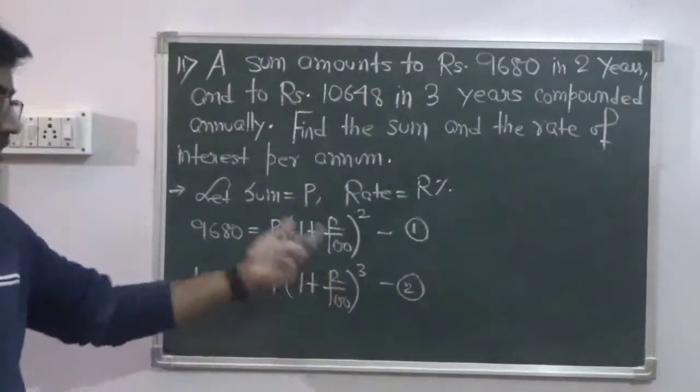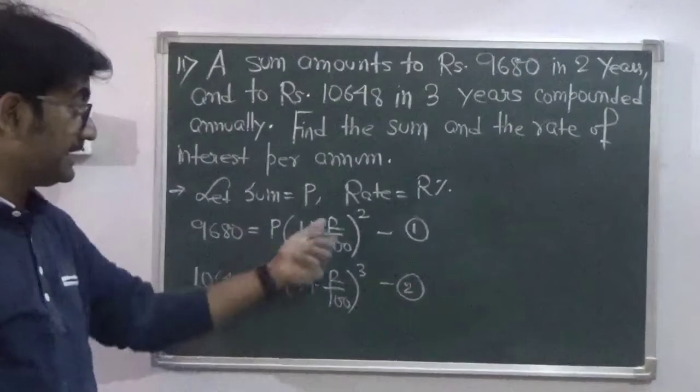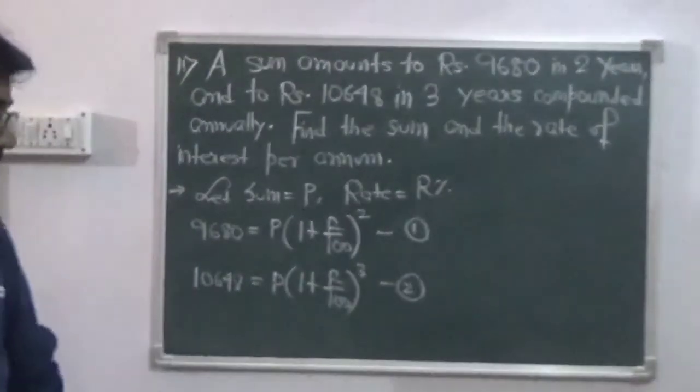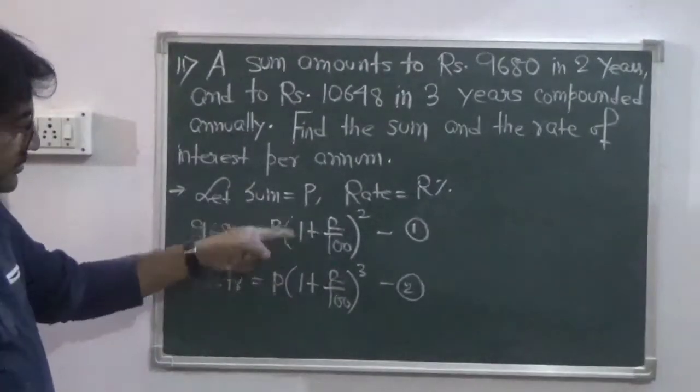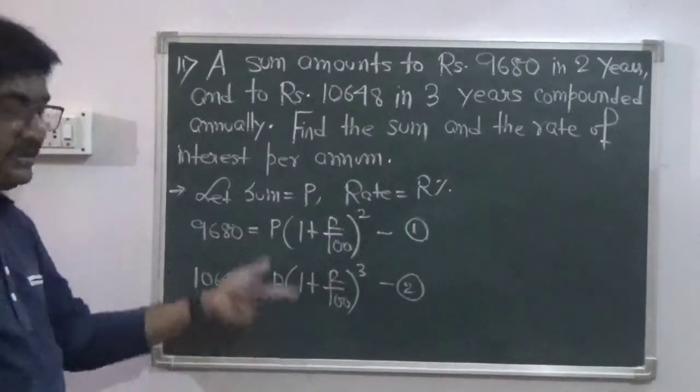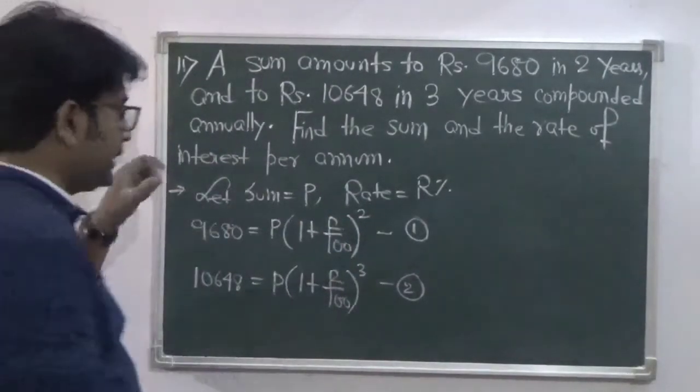Both these equations involve two variables, P and R. So you have to first get rid of one variable, either P or R. If you take the ratio of 2 by 1, P gets eliminated.